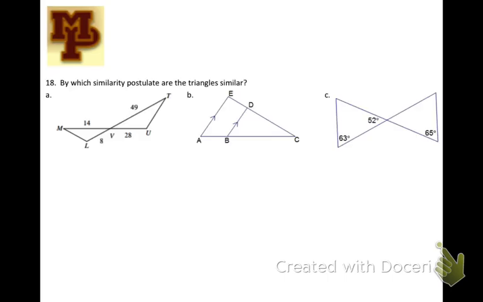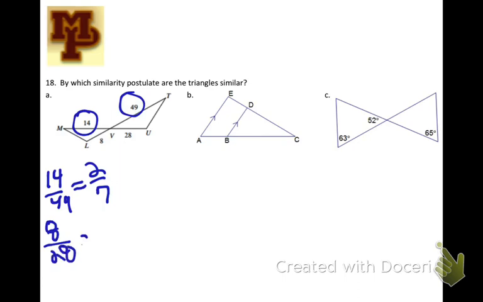Alright, these are trying to figure out which similarity postulate makes these similar. So the first one we have the 2 sides. If you compare the sides, you do 14 over 49, that's 2/7. And then if you compare the other sides, it's 8 over 28, and that's also 2/7.